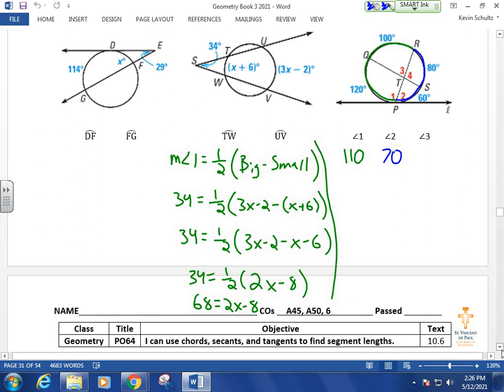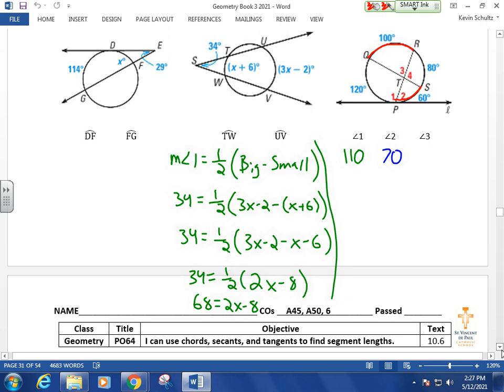Angle 3, part of those two chords that intersect, for this one, we want to look at the arcs that angle 3, which is QR, and its vertical angle, which is PS, create. Okay?